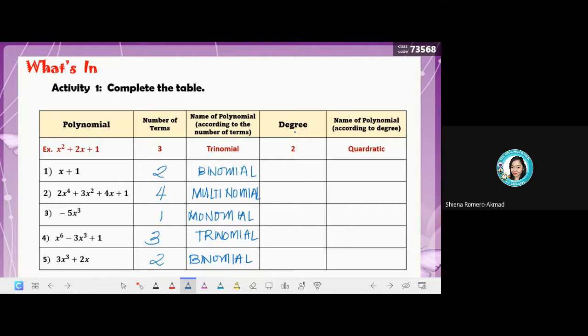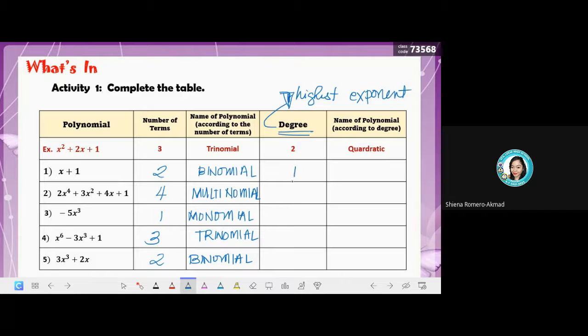How about the degree? The exponent. Ano ba yung degree? When we say degree, this is the highest exponent. So, ano po yung highest exponent ng bawat term?